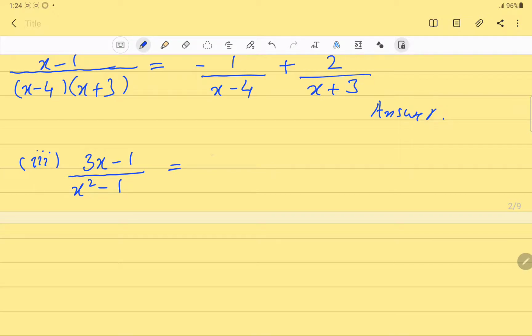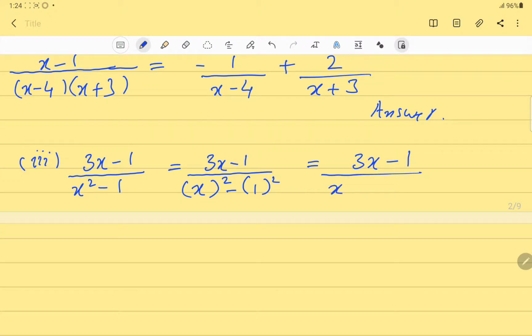Equals to 3x minus 1 over x square minus 1 square, and can be written as 3x minus 1 over x minus 1 into x plus 1.